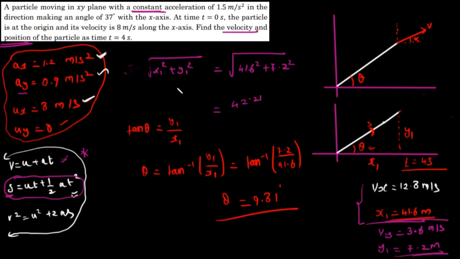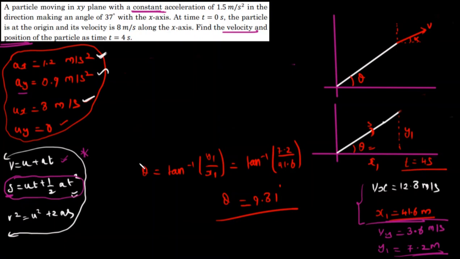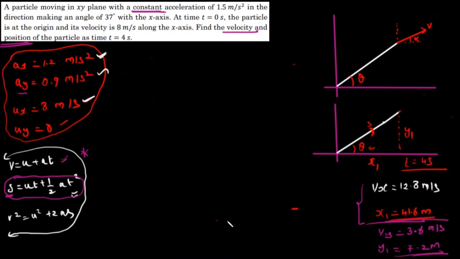I can proceed for the velocity vector, and then the angle. So first of all, how to find out the velocity vector? Very simple. V will be equal to root of Vx square plus Vy square.